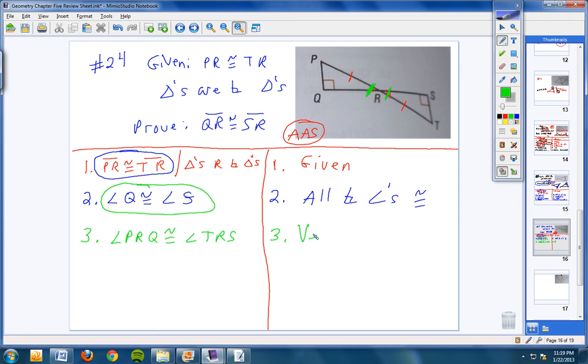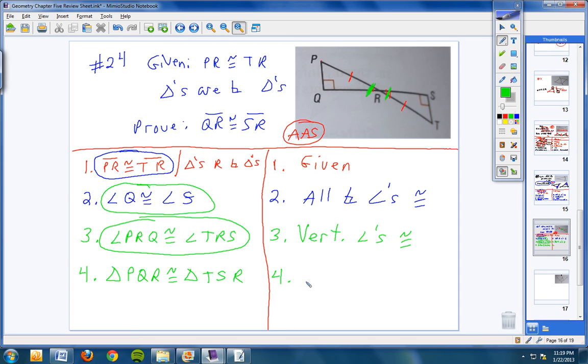Well, we have a theorem. Hopefully you learned it last semester. It simply states that vertical angles are congruent. There we go. So look what you've stated. You've stated your angles and your side. So now you're simply ready to say triangle PQR is congruent to triangle TSR.